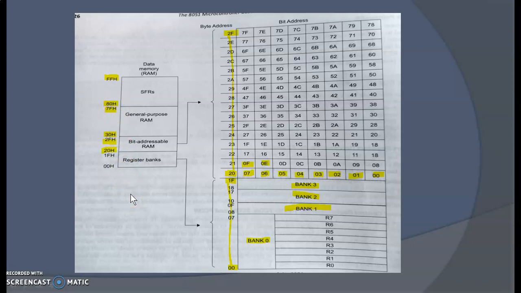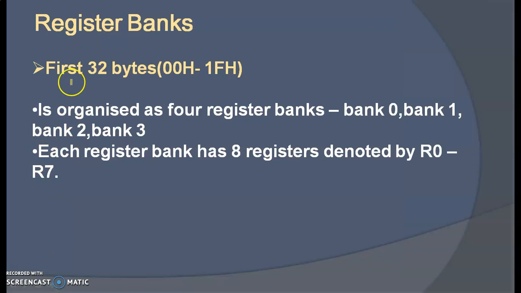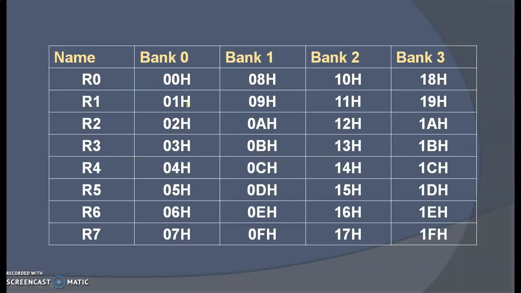Let us revise once. So first 32 bytes from 00 to 1F are for 4 register banks, bank 0, bank 1, bank 2 and bank 3. So each bank has 8 registers. So 4 into 8, total these are 32 memory locations for register banks.